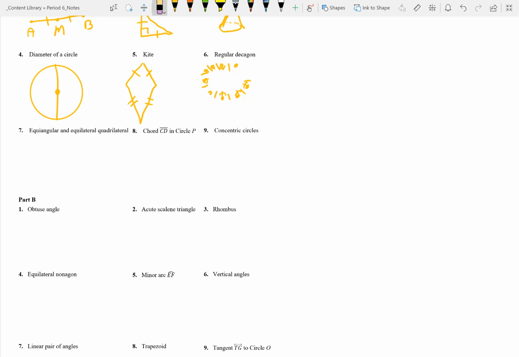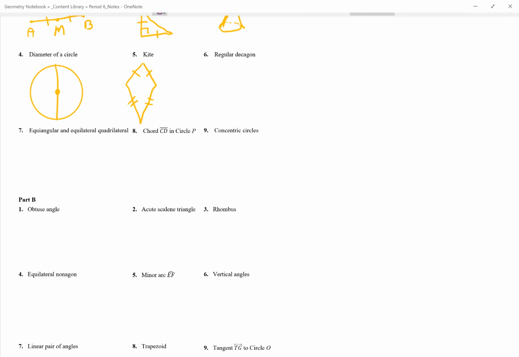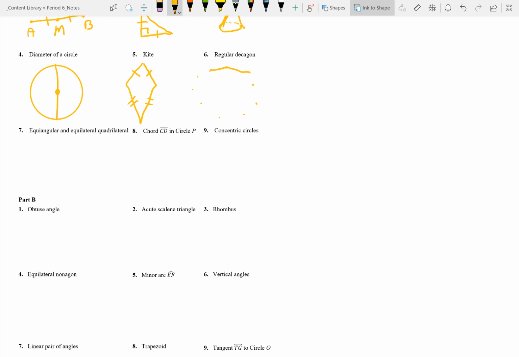You know what, actually, what I could do, I just realized this. I could do ink to shape. Wonder if that'll, oops. Let's try that now. Didn't do it.